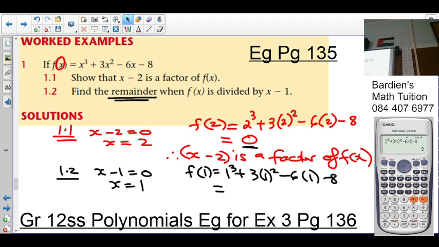Let's put that in the calculator. It is 1 cubed plus 3 times 1 squared minus 6 times 1 minus 8. So the answer is negative. You guys understand?